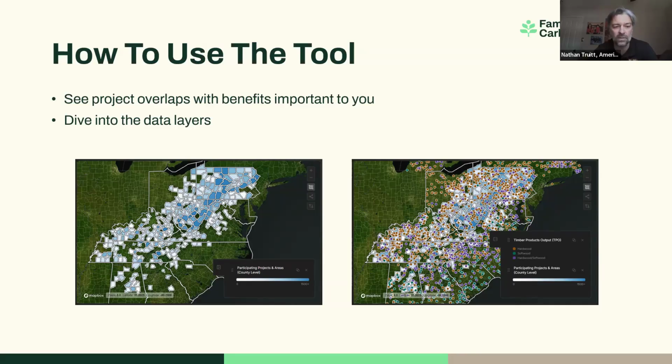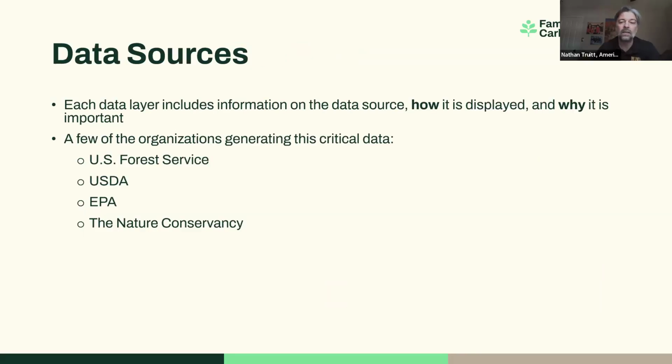In terms of the data sources that we are using here, each data layer includes information on the source, how it is displayed, and why it is important. And there are a number of organizations who've generated this critical data in a publicly available format, which we are then using within this tool. And I want to just thank a couple of them. The U.S. Forest Service, the U.S. Department of Agriculture, the Environmental Protection Agency, and the Nature Conservancy all have data sets that this first draft of the tool uses.